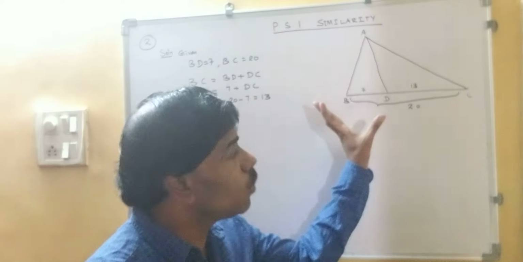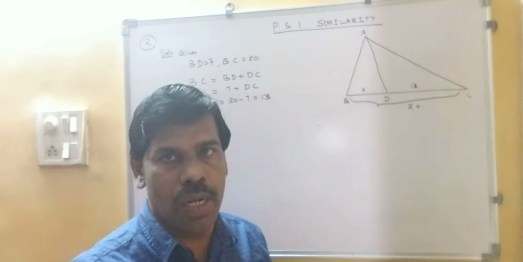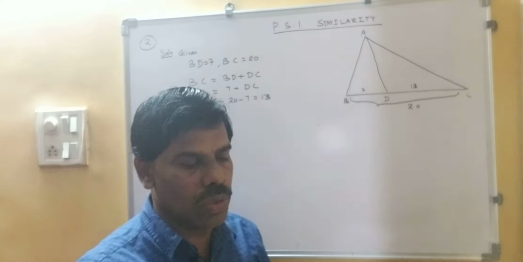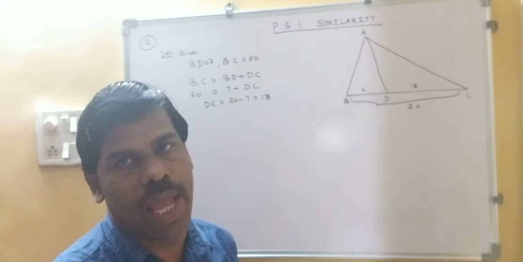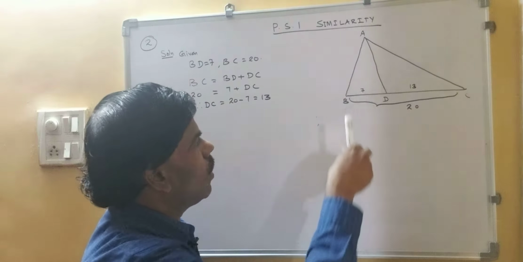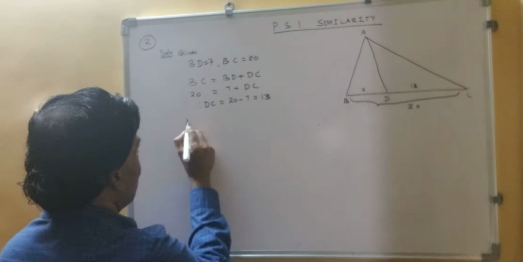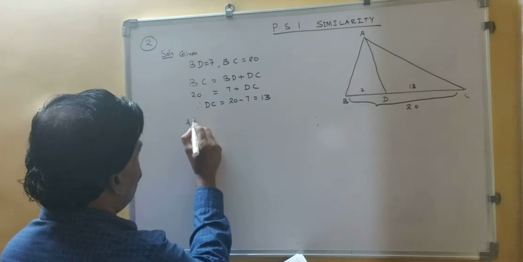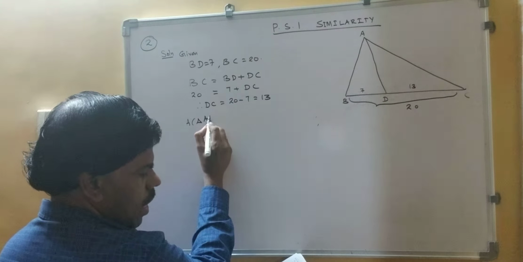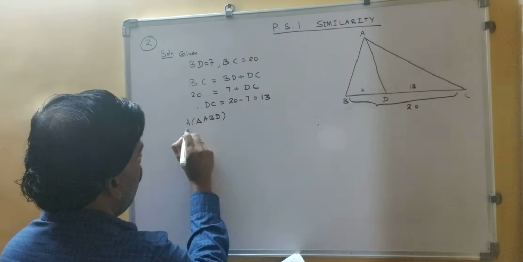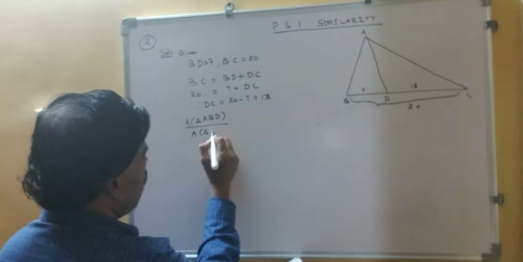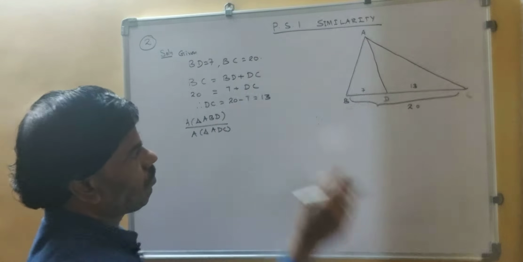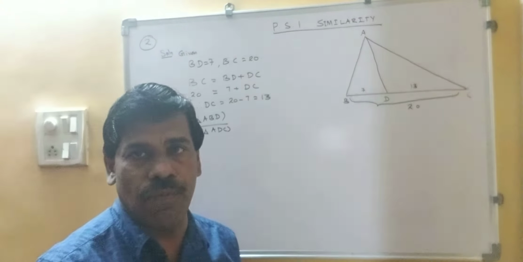Now, by using this given information, we have to find the ratio of the areas of 3 triangles. First, we will do area of triangle ABD upon area of triangle ADC. Now, listen very carefully.